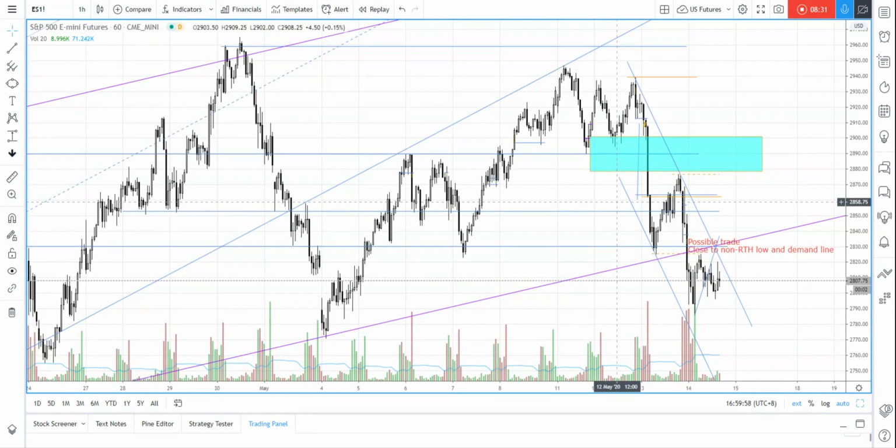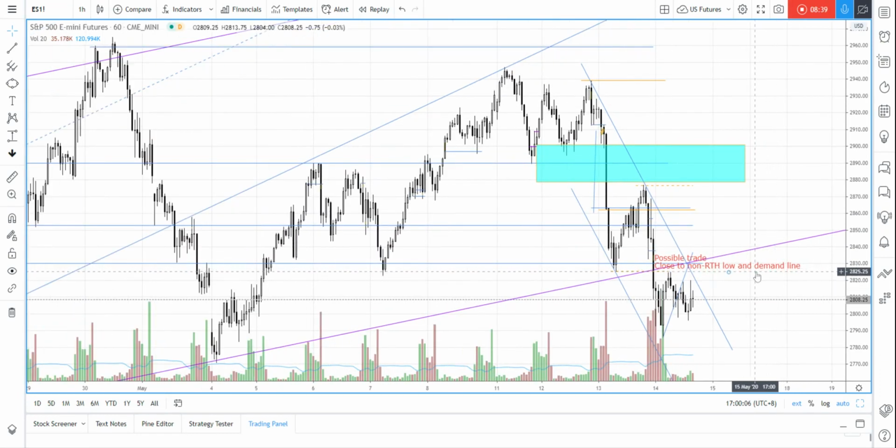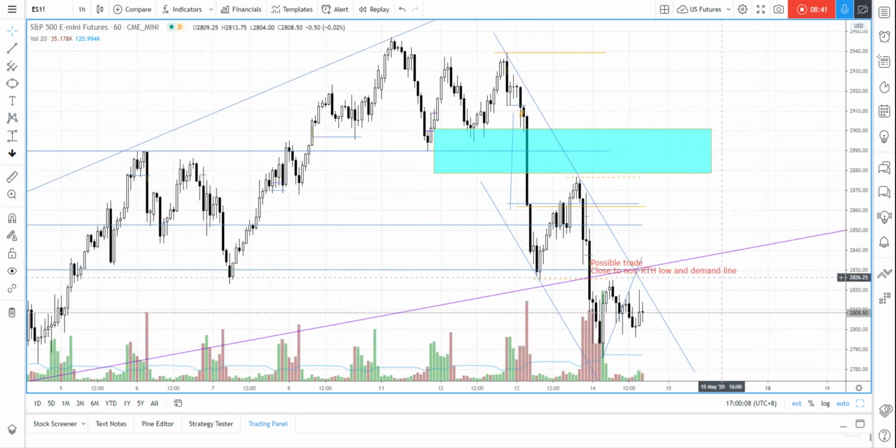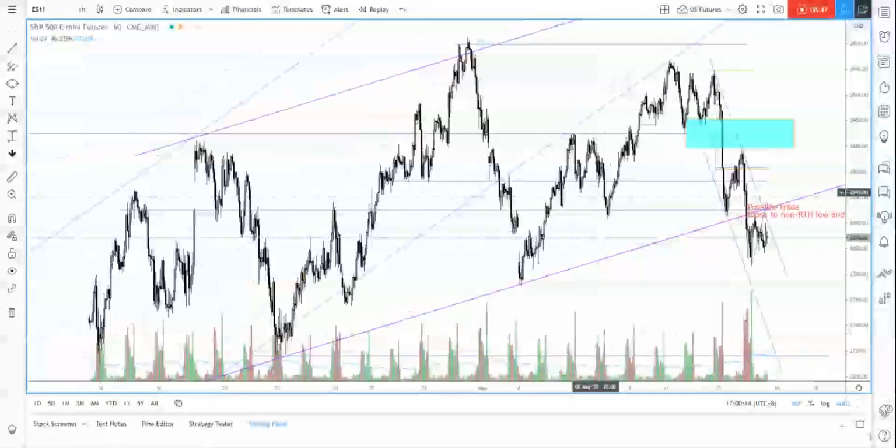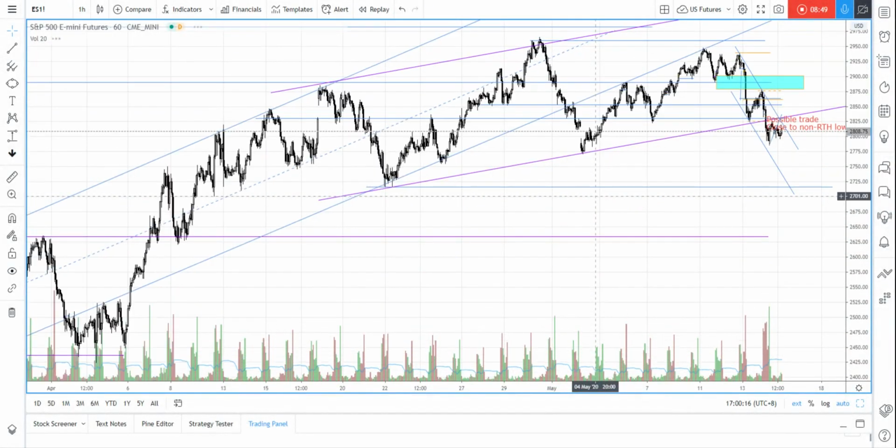So the bias for day trading for me is kind of neutral, because I think I can trade on either side. For the swing trade bias, I'm also neutral, because if you look at the bigger picture, it's still fluctuating within this big range from 2715 to around 2960.